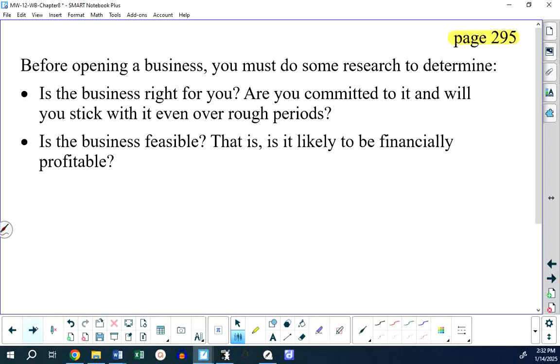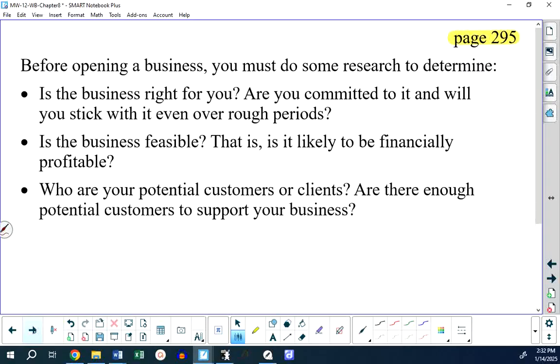So you have to look at the location. I don't think that would be profitable in Wetaskiwin. And in order for you to decide whether it's likely to work or not, you have to decide on who your potential customers or clients are going to be. Are there going to be enough people interested in it, in other words?